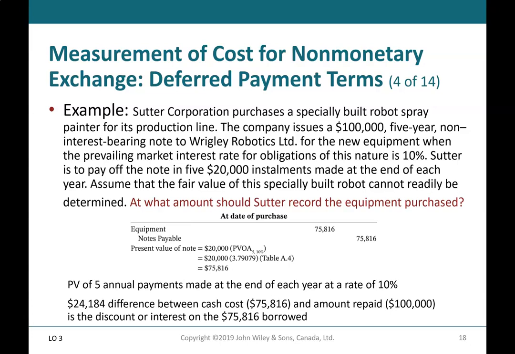The present value of 5 annual payments made at the end of each year at a rate of 10%, the 24,184 difference between cash cost of 75,816 and amount repaid, 100,000, is the discount or interest on the 75,816 borrowed.